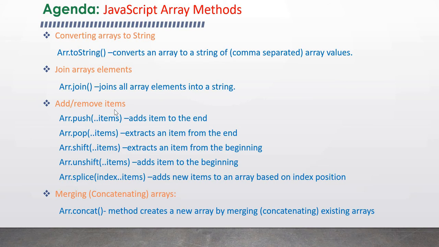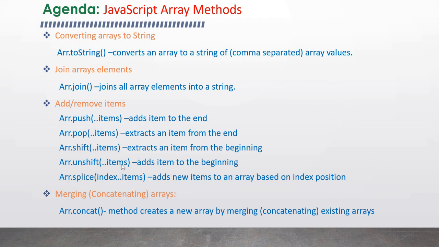There are methods to add and remove items, at the beginning or at the end. For example, the arr.push method: whatever item you pass inside the brackets, it will add at the end. Similarly, the pop method removes an item from the end. The shift method extracts an item from the beginning.